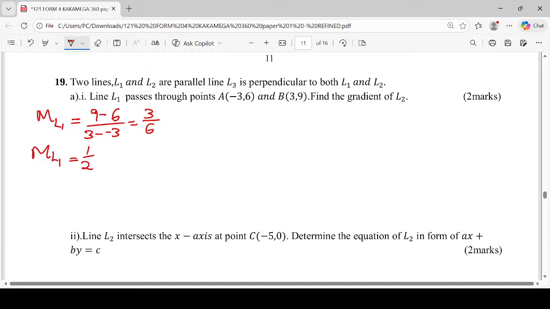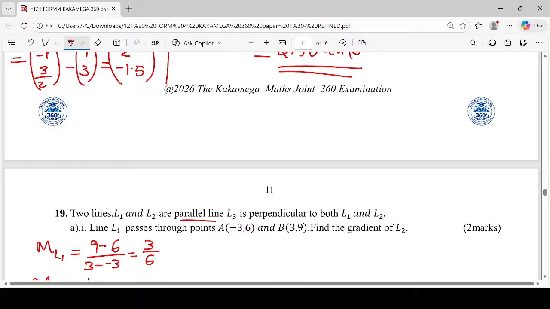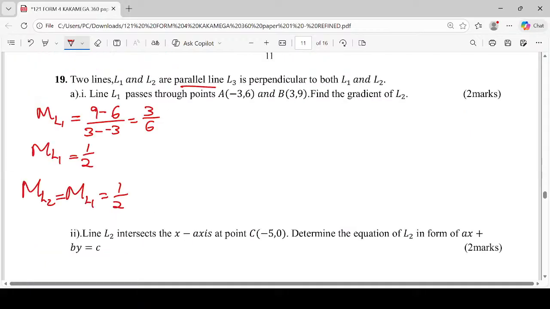Now, because they say that L1 and L2 are parallel, remember, for parallel lines, their gradients are the same. So the gradient of line L2 should be equal to the gradient of line L1, which is a half. L3 is perpendicular to both L2 and L1.